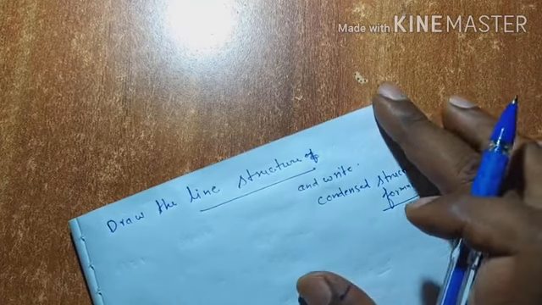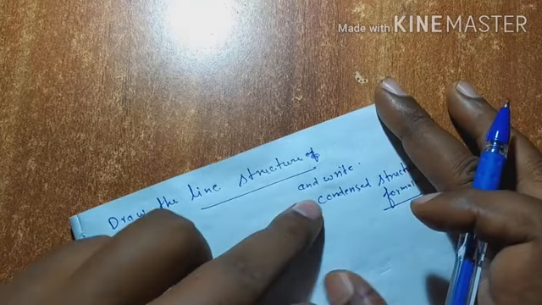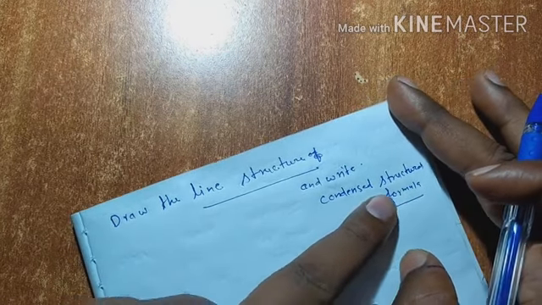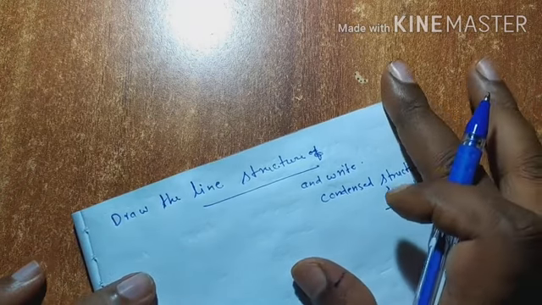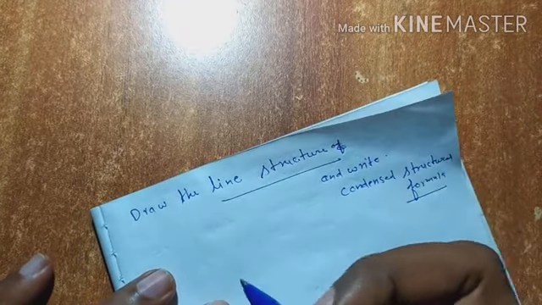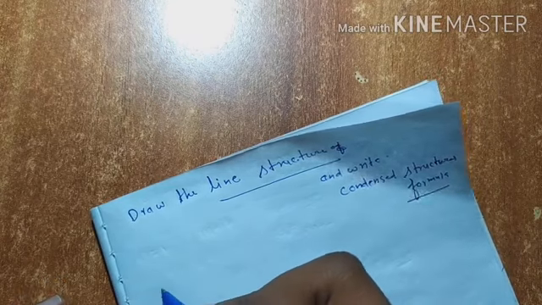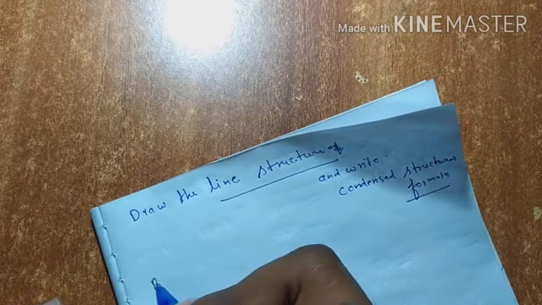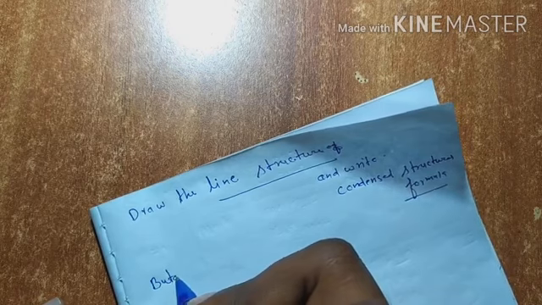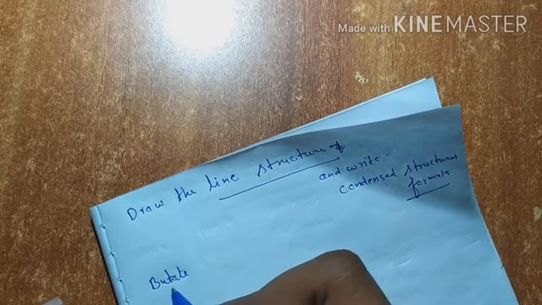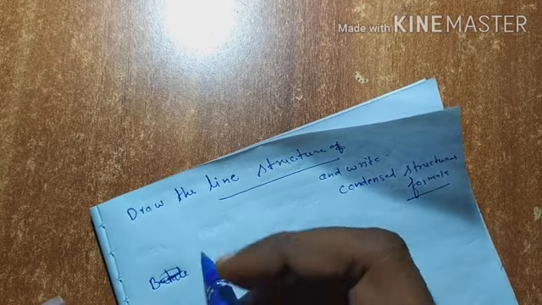So if I say draw the line structure and write condensed structure formula, I can take any molecule, like butane, propane.